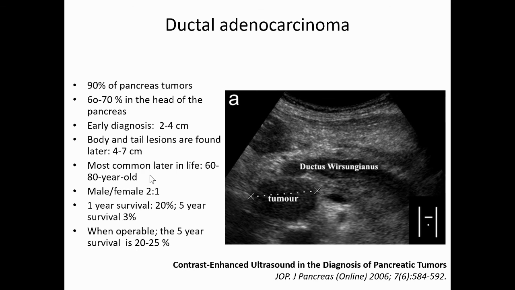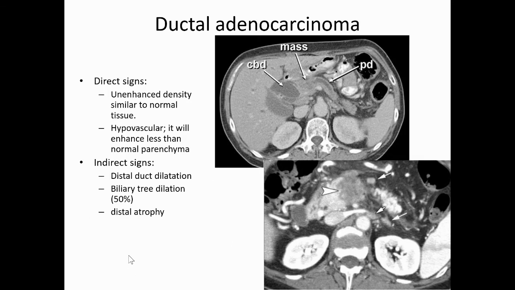It's usually a disease of the elderly. It affects males more commonly, and the survival rate is quite low. Here is how we would see it at CT. So there is a faint mass in the head of the pancreas, and you can see that the common bile duct and the pancreatic duct are both dilated, and carcinomas of the pancreas tend to be hypovascular.